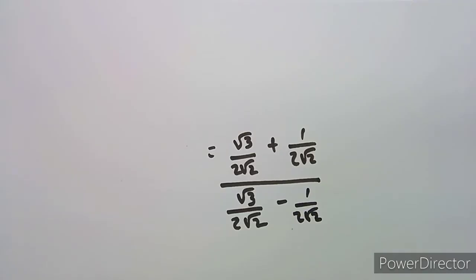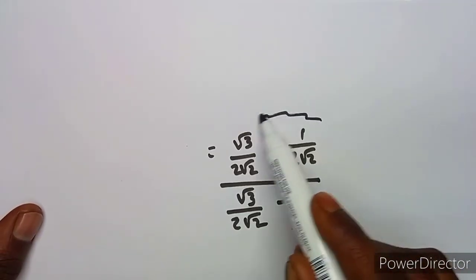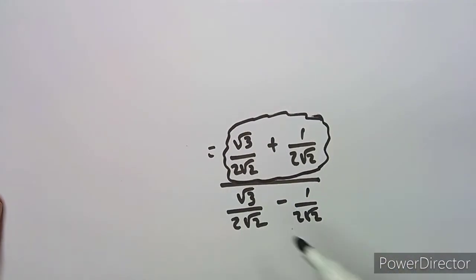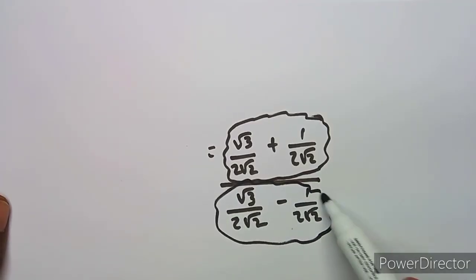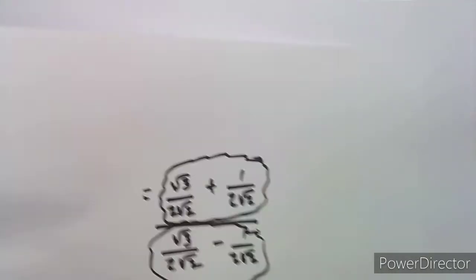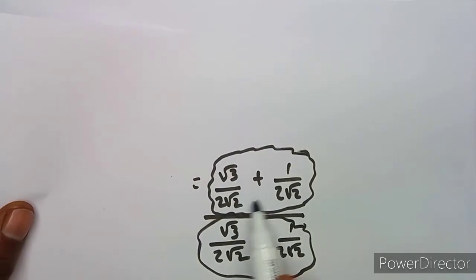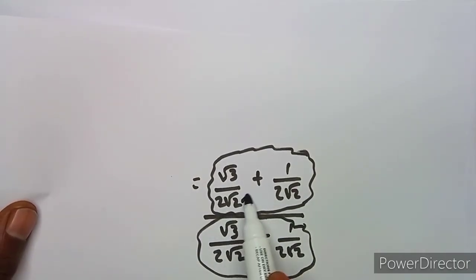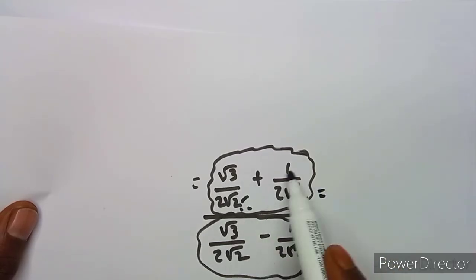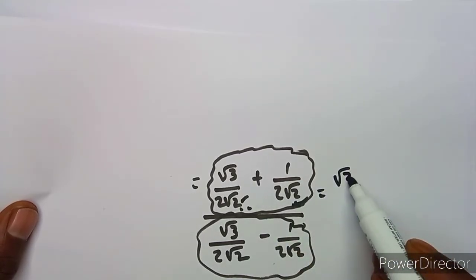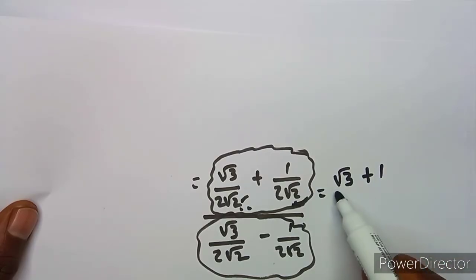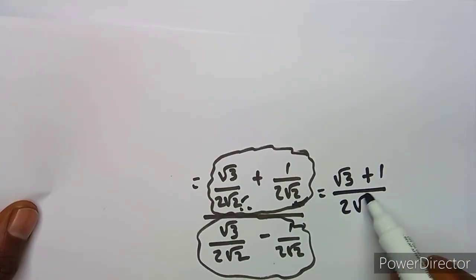All right, so we can actually simplify the numerator here, combine it, and combine also the denominators separately, which means here we are just adding, because the denominators are the same. Remember, when these two are the same, you just combine the numerators. So it's going to be square root of 3 plus 1 over 2 square root of 2.